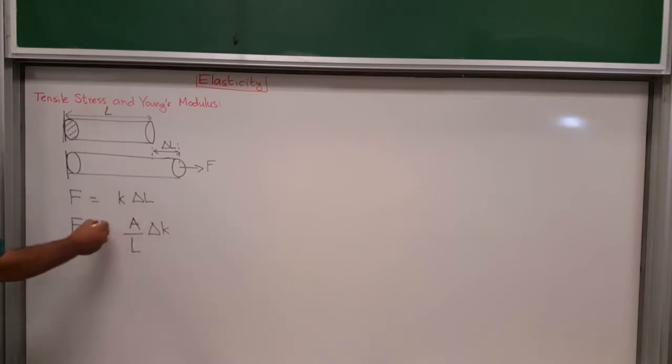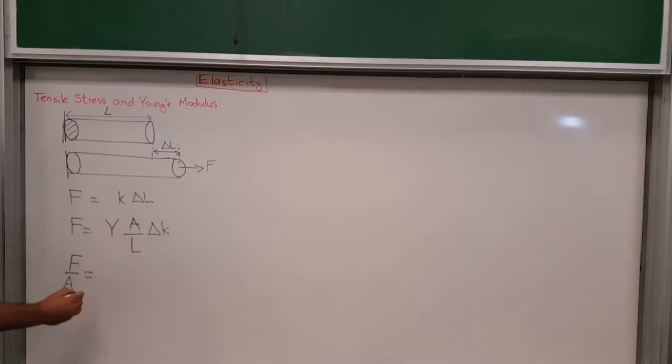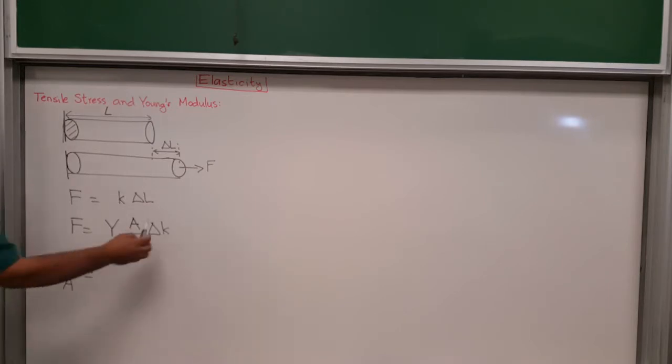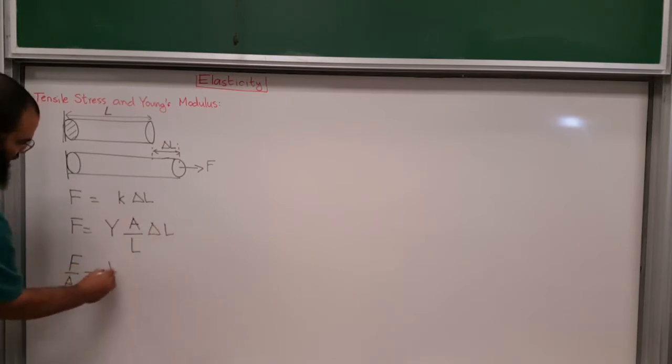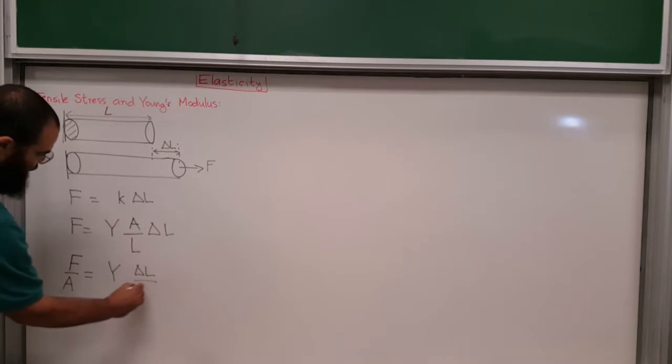And then there is a constant here, that is the Young's modulus, Y. Let me divide both sides by the area. So I get the force over area equals Y times delta L over L.